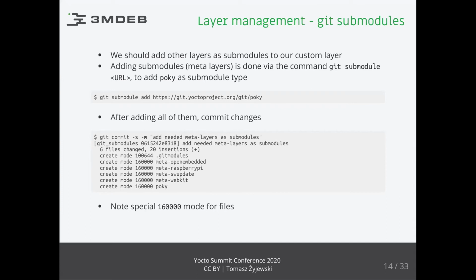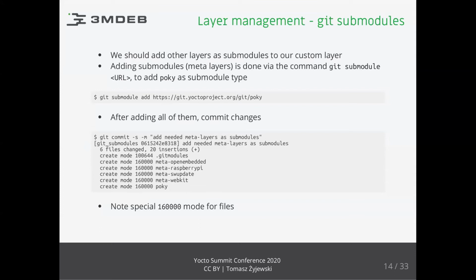After adding every needed submodule, we need to commit changes. For example, we can git commit with a message like add needed meta layers as submodules. And we will see the list of the layers which are added to our meta layer.